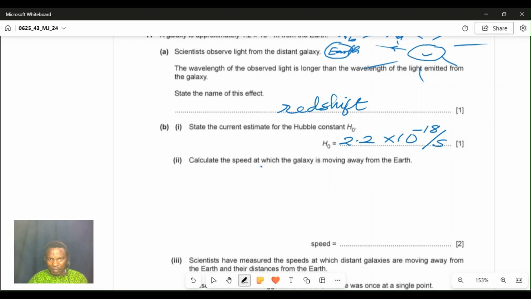Now calculate the speed at which the galaxy is moving away from the Earth. So we can use the relationship with the Hubble constant and the value of the distance given to us.